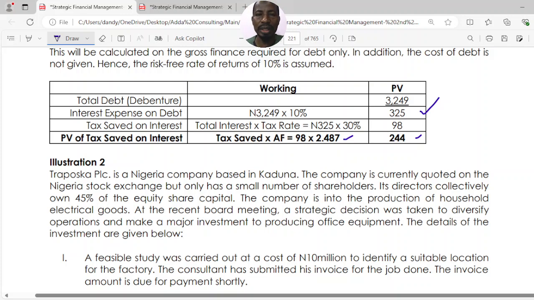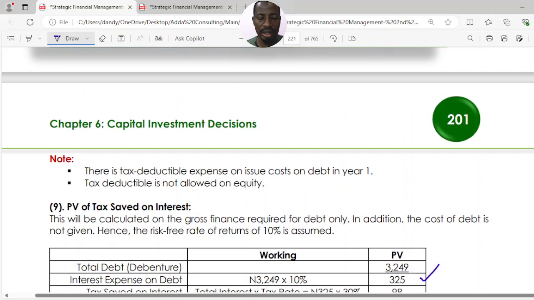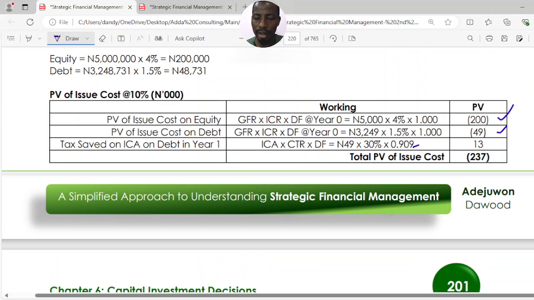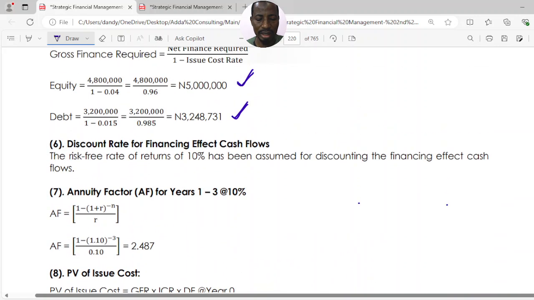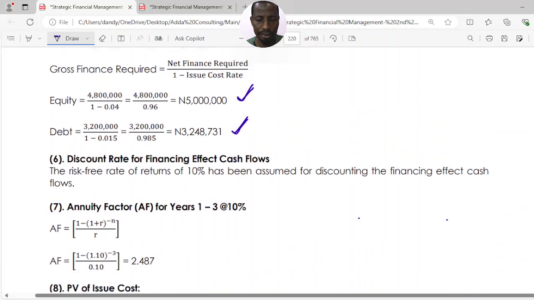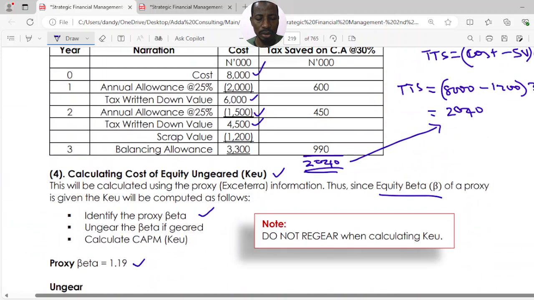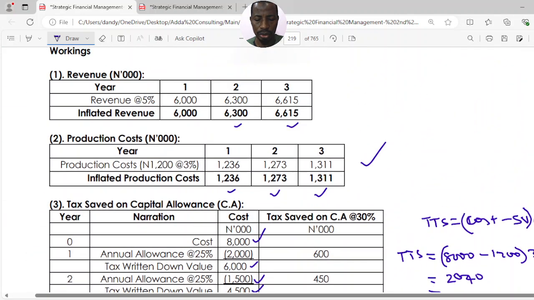Now that I've calculated the PV of issue cost and the PV of tax saved on interest, the next thing we need to do is calculate the adjusted present value. Very simple.